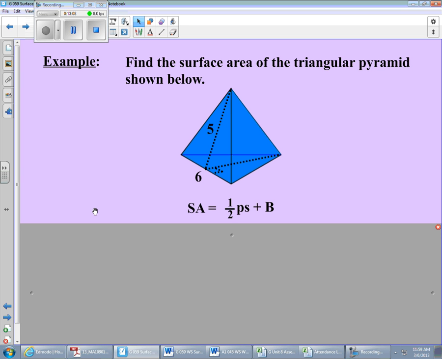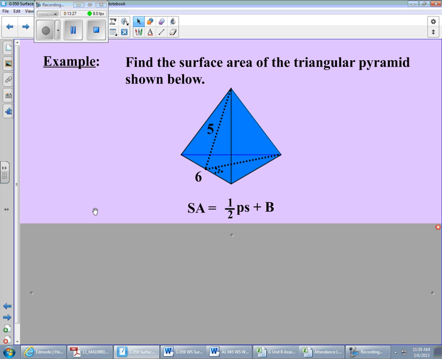Okay, let's just start off. Perimeter of the base. Have they given us enough information to figure out the perimeter of the base? Sounds like we may not be sure. Now technically they probably should have identified for us which of these triangles is the base.